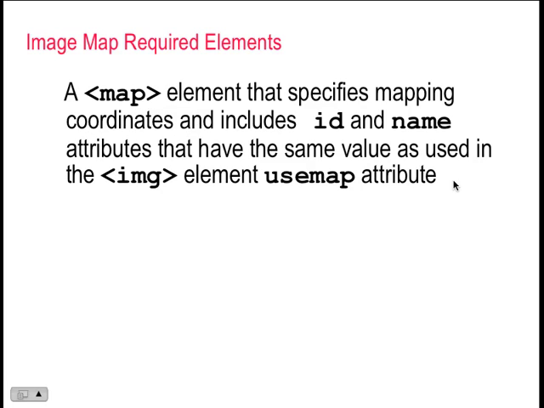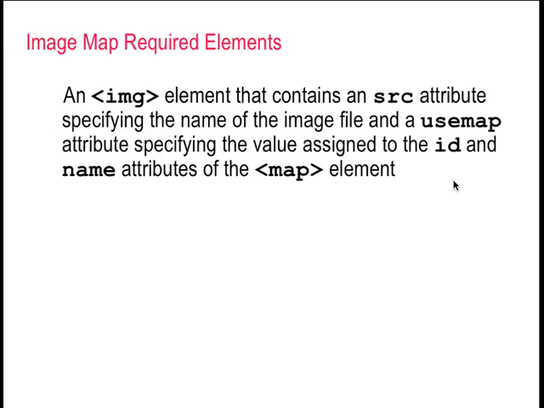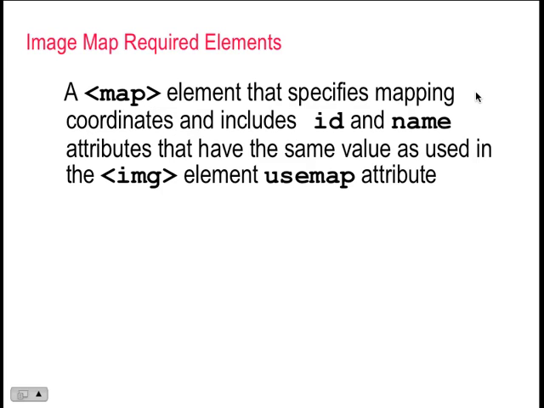And so we have an element tag called map. So we say for the image, we use this use map, and then we also have the map, as I mentioned before. It's two separate elements on the page, but one's using the other, obviously. The map element specifies the mapping coordinates that are going to be included with the ID and the name, and the attributes that have the same values used in the image, hopefully.